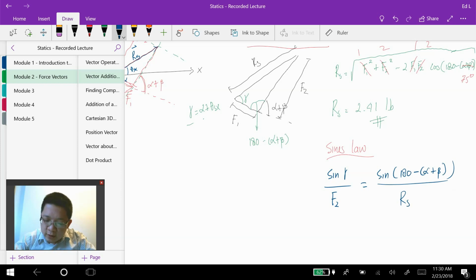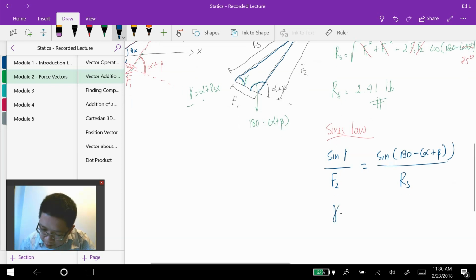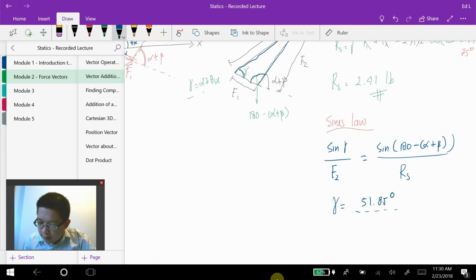Basically I'm looking at this angle and this length, this angle and this length. So I can obtain my gamma, and if I calculate this properly, I think it's equal to 51.85 degrees.